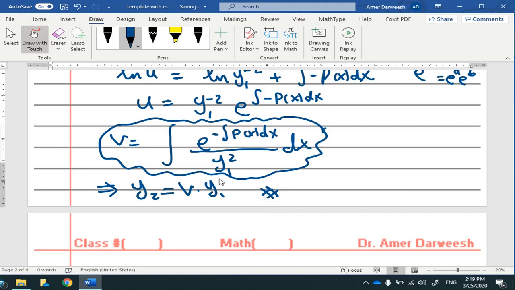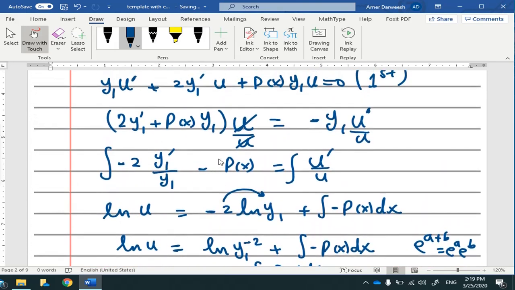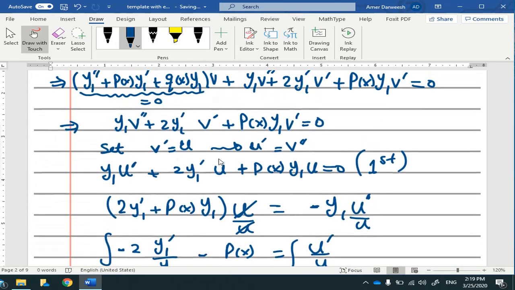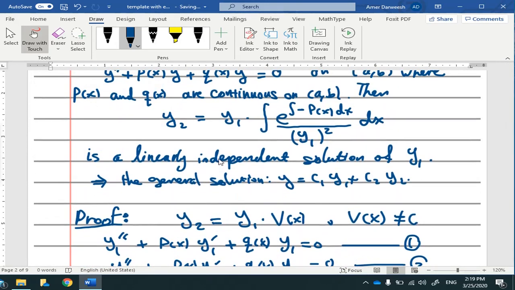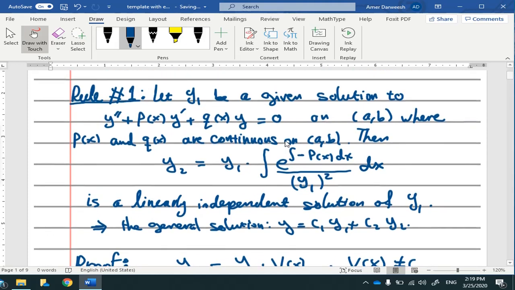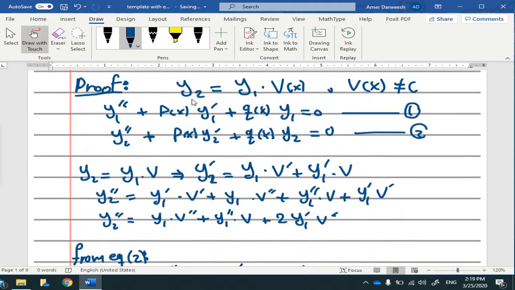So here's the derivation for this method. Finally, we have to memorize this result: y2 is y1 times v, and here's the function v. But the problem with this rule is that I have to have one solution to find the other solution.